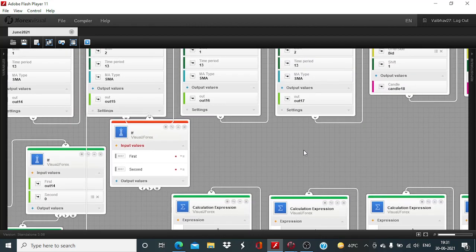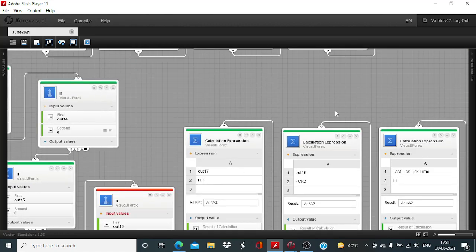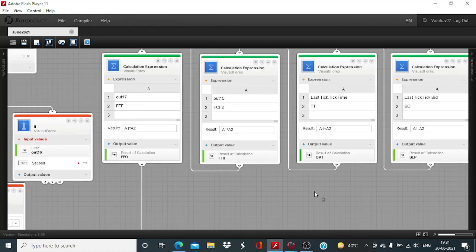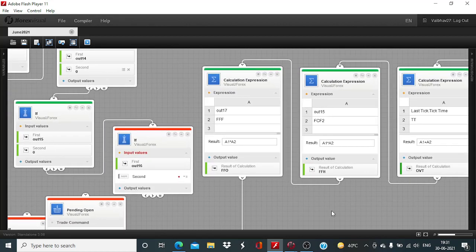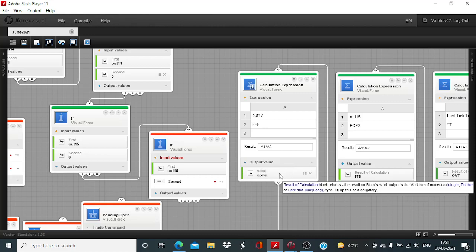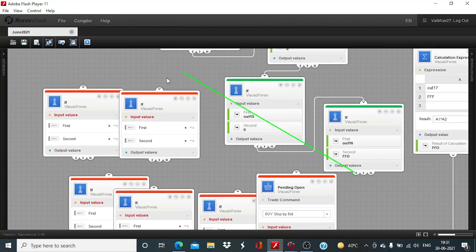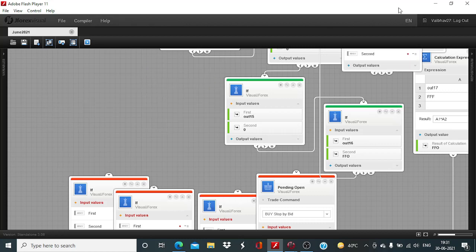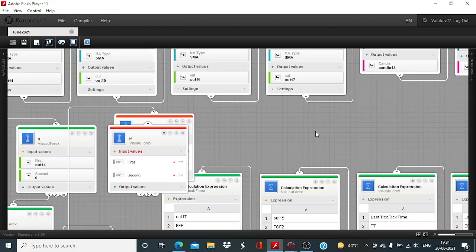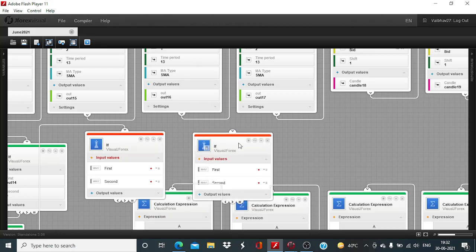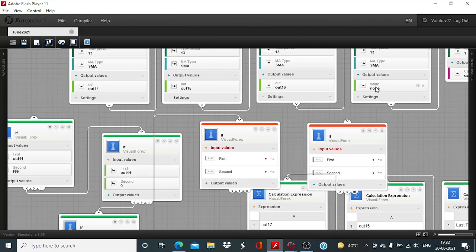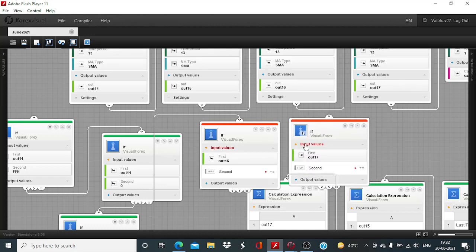So we have to compare the out 16 with FFO, first input less than second input, and out 16 and out 17, both of these values need to be below 0. First input again less than second input.